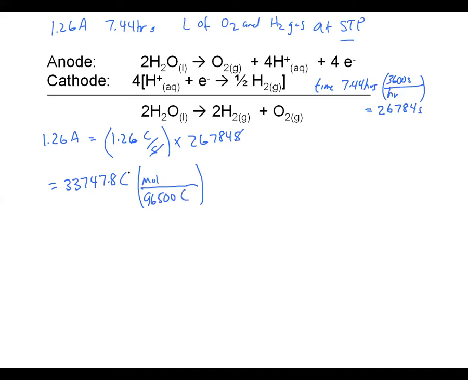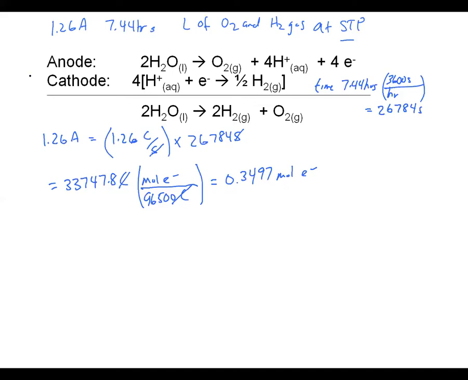Again, our coulombs will cancel each other out. So we're going to divide by 96.5, and we'll end up with something like 0.3497 moles of electrons. Any questions on the calculations up to this point?